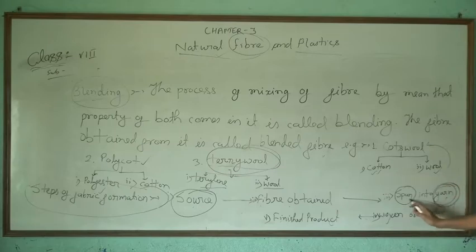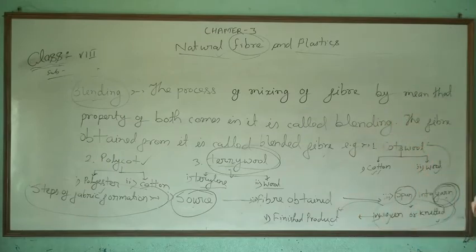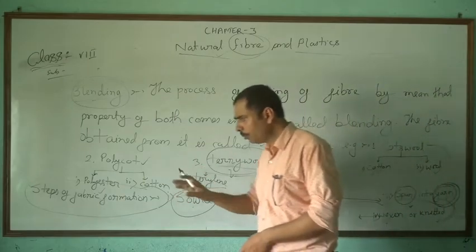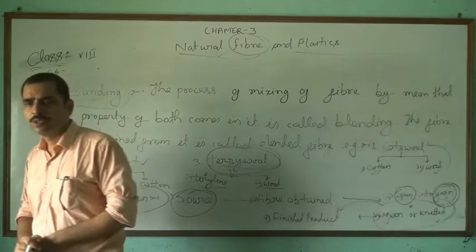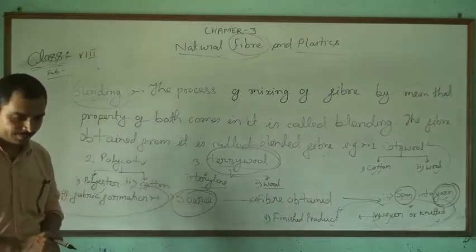And from that fabric, we can obtain finished products like shirts, pants, and other clothes. These are the steps involved in fabric formation. From fabric we make cloth.